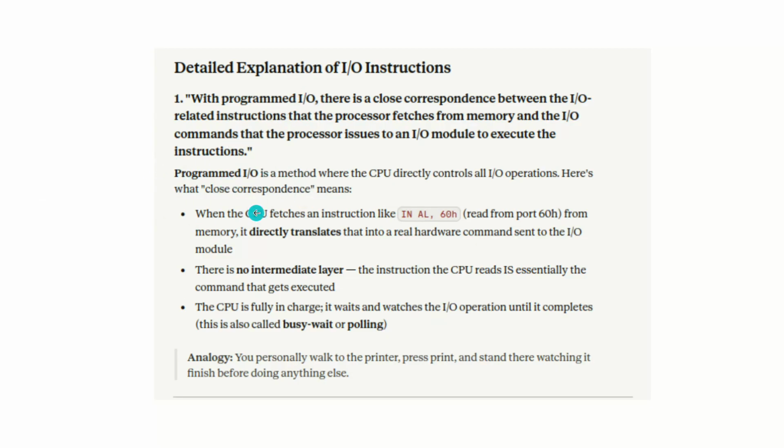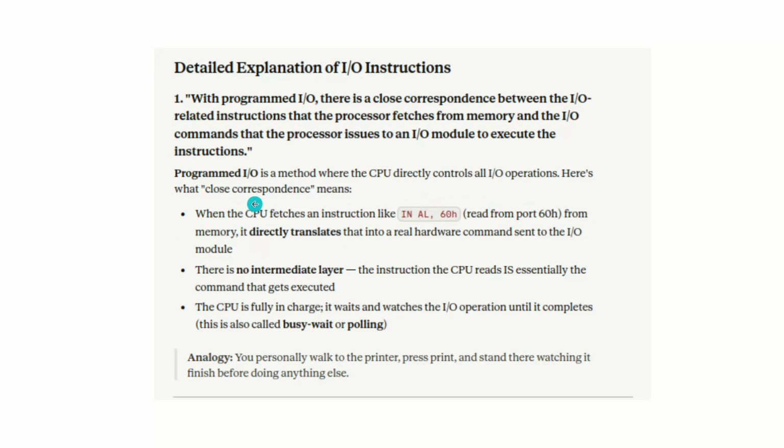We have understood what the CPU is actually doing: it will fetch an instruction which is related to IO. Here, this is an instruction, and this instruction itself means that you have to read from this port. So I am fetching this instruction from memory.